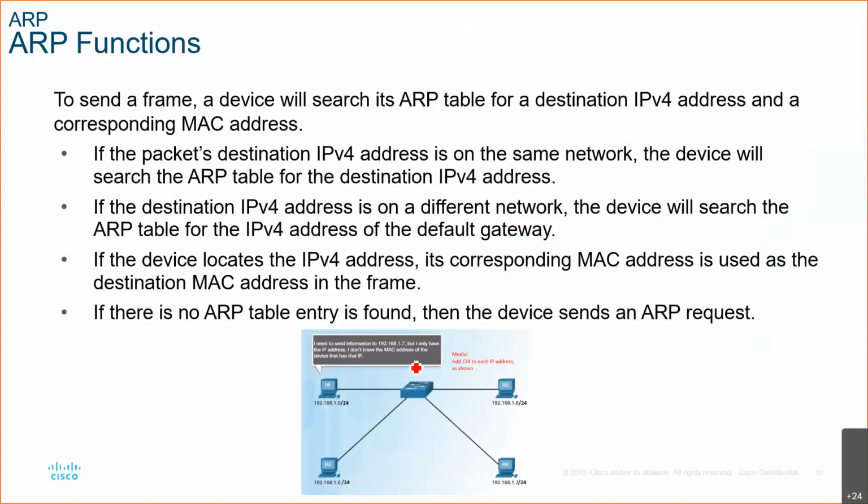You see, I need to send information to 192.168.1.7. This is all within the same network. So it's talking about this. But it does not have its MAC address. I don't know the MAC address of the device of 192.168.1.7. So you send an ARP request. And once the device gets the ARP request, it sends its MAC address to the requesting device.